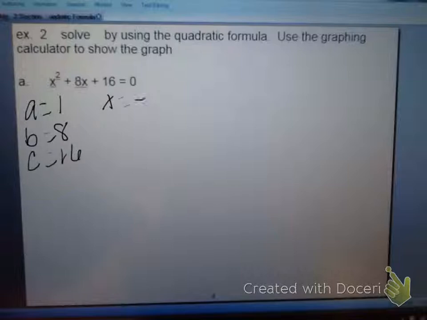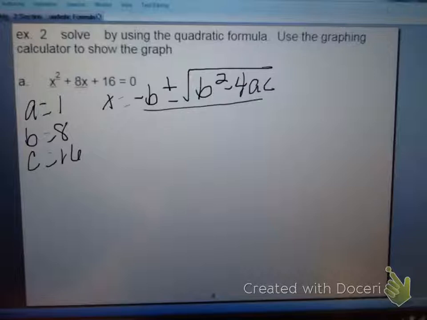Once again, write the formula down. The more times you write the formula, the more you'll have it memorized. So x equals negative b plus or minus the square root of b squared minus 4ac all over 2a. Save some room, I'm going to squeeze it up here.